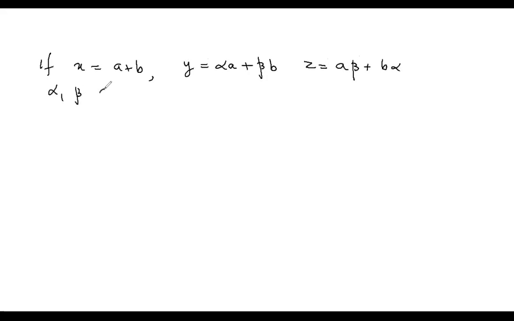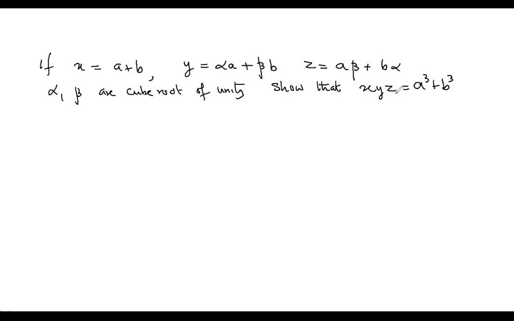Now write the next question, the last question of this kind. If x is equal to a plus b, y is equal to alpha a plus beta b, z is equal to a beta plus b alpha, that means a and b got interchanged in alpha and beta, and alpha and beta are cube roots of unity, then show that x into y into z is equal to a cube plus b cube.